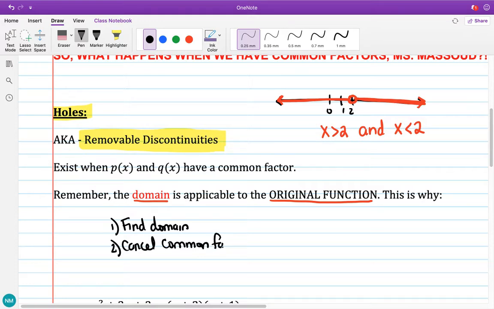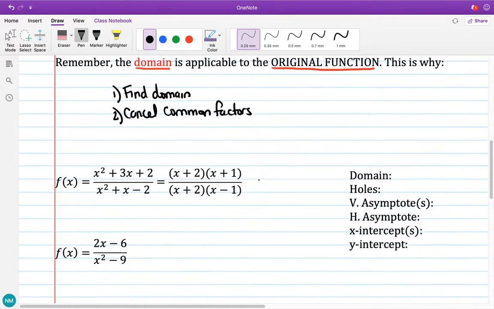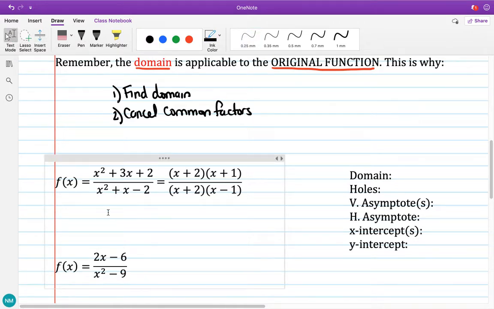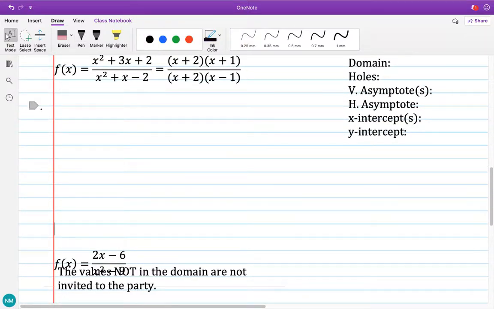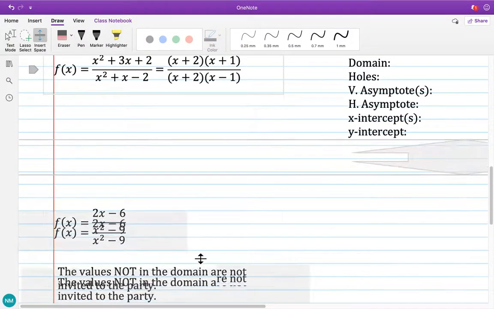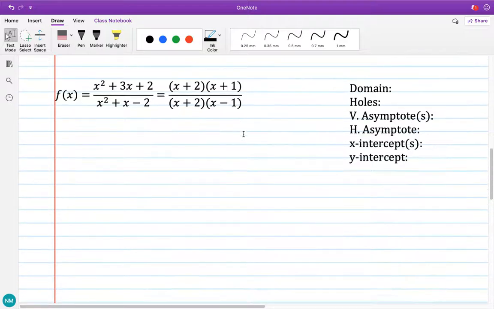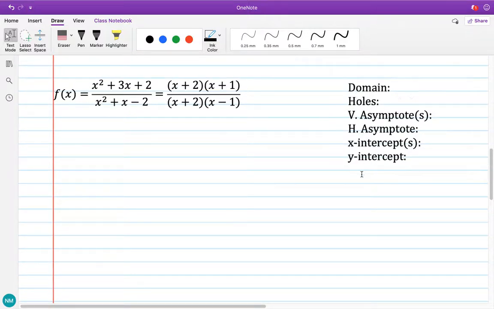And you're going to see why I emphasize that, because for a problem like this one, and we're going to find all the different parts of this problem, what we are first always going to do is find your domain.